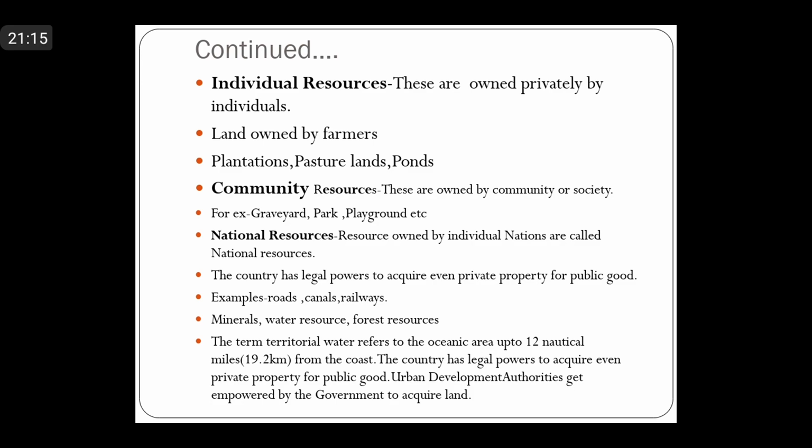So the nation has the right to exploit the resources up to 12 nautical miles from the coast.